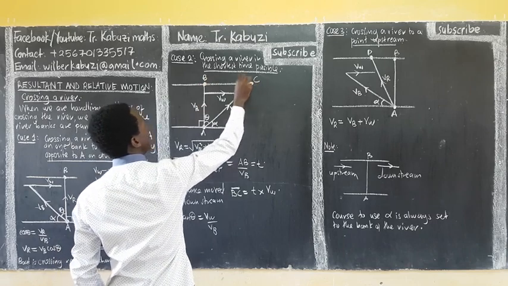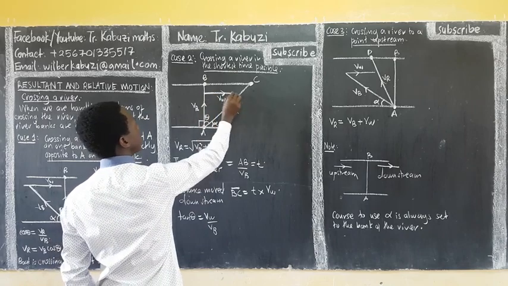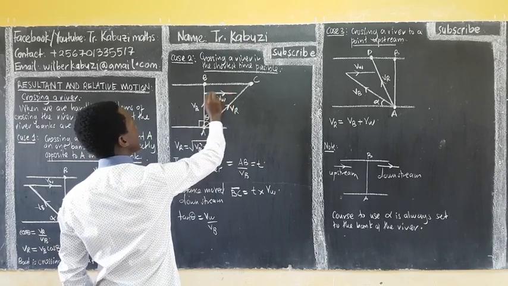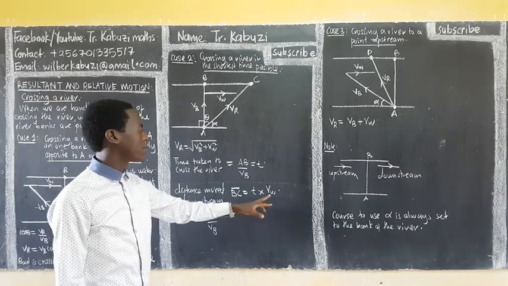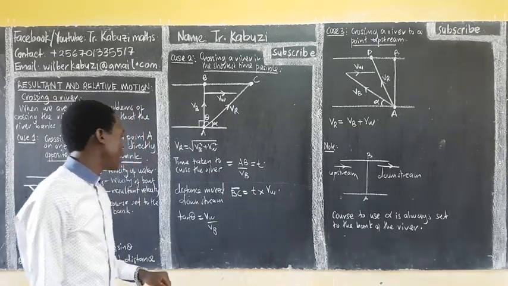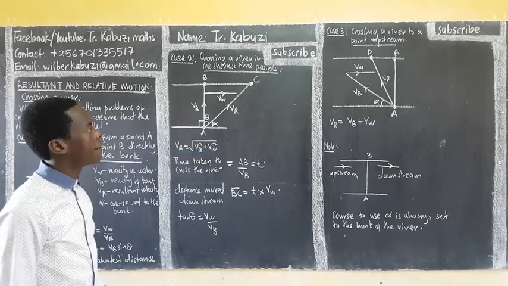So the distance downstream is the velocity of the water, VW, times the time taken. Time is equal to distance AB over VB.